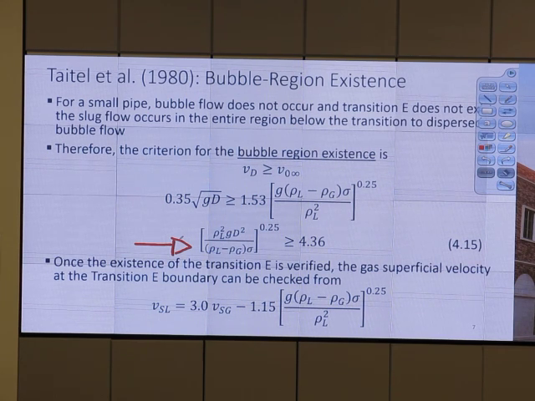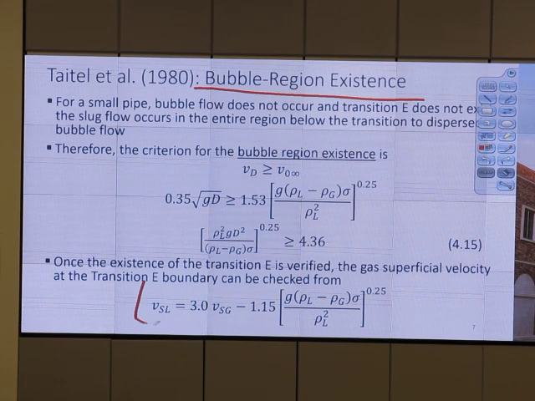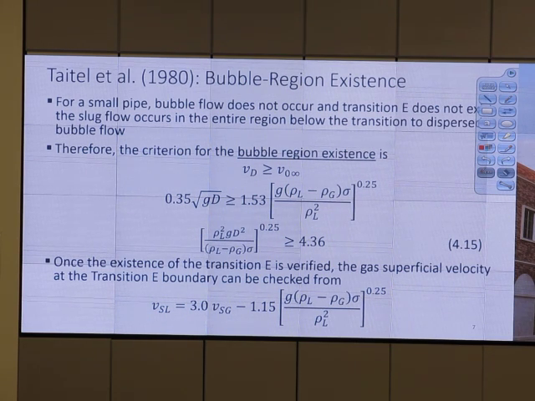After checking the bubble region existence, then we can find out where the boundary is. Use this equation for boundary E. And how do you know how to use any of these formulas?